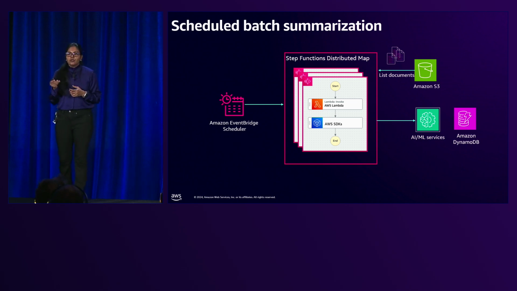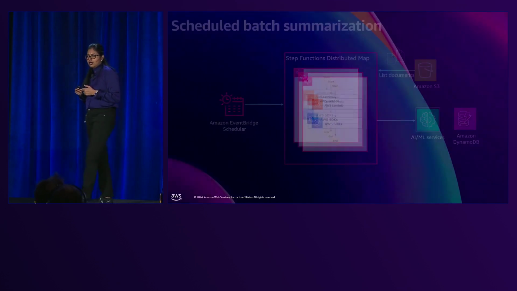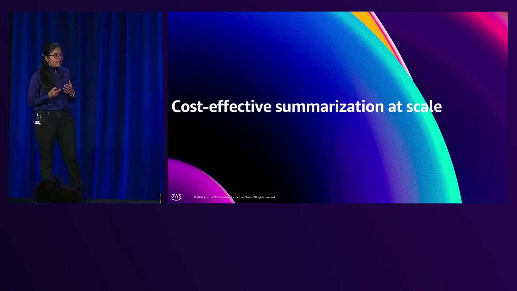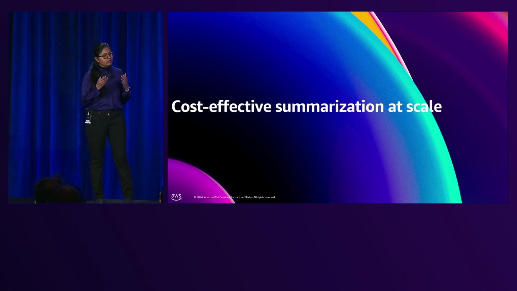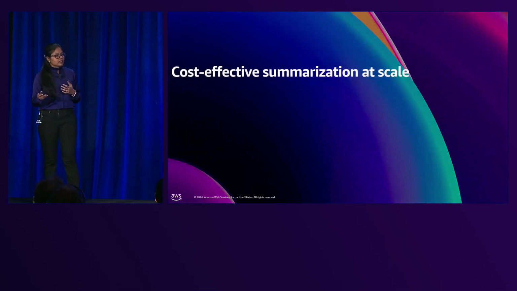When you're not using some model providers, but you're running your own custom model in EKS or maybe in SageMaker, and you're using it for batch summarization, you really don't want the model to be running 24/7. It's not cost effective. So how do we make it cost efficient?